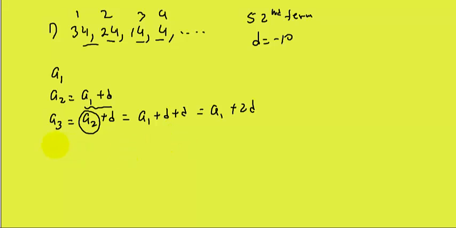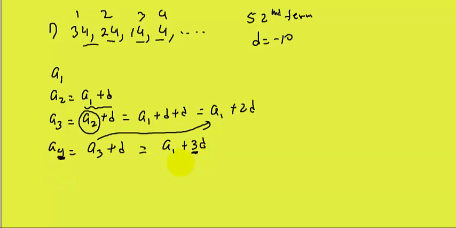You'll see a pattern in a second. Then a sub 4 is nothing more than a sub 3 plus a difference. But a sub 3 is that, so you're going to get a sub 1 plus 3 differences. So every time you find a term, there's going to be one less difference.